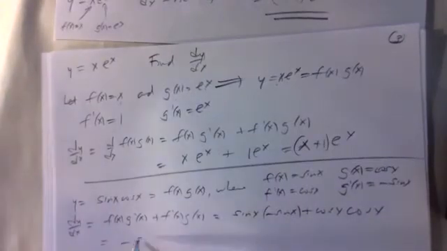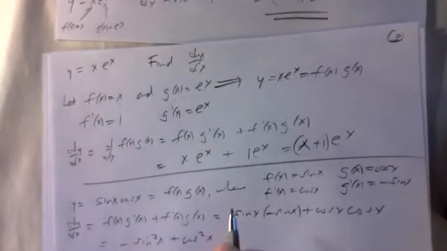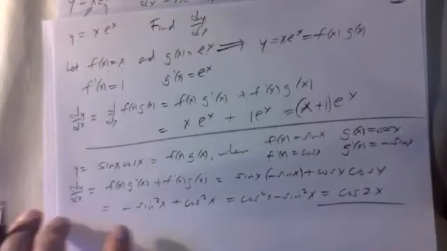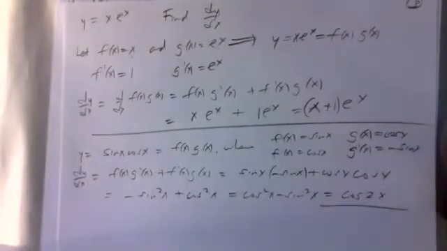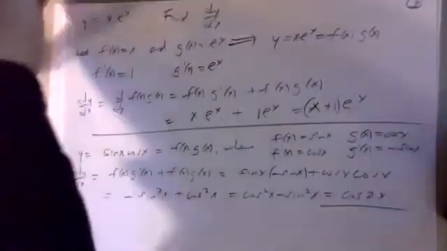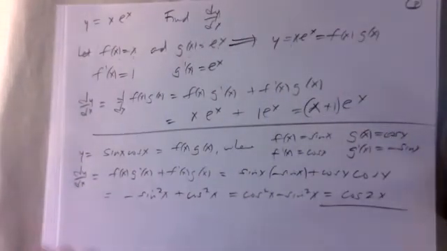So what I have is minus sine squared x plus cosine squared x, or cosine squared x minus sine squared x. I just rearranged it. And this you might recognize as the cosine of 2x.